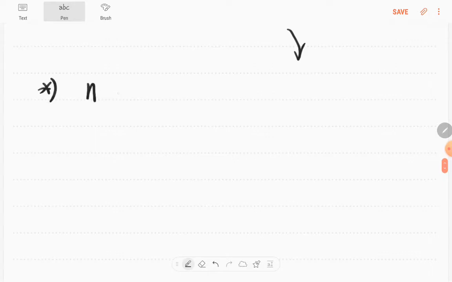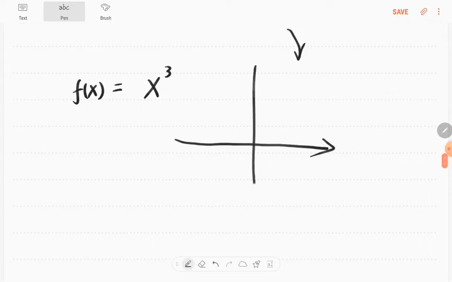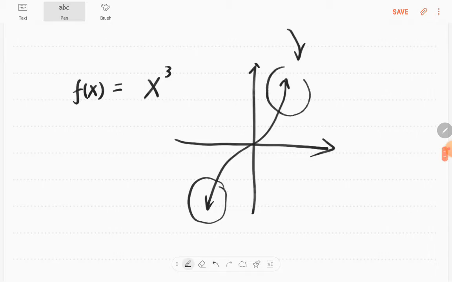If n is an even number, so let's give you an example. You can see that. One example is y equals f of x equals x cubed. This is the cube function. We already know the curve will look like this one. So you see the curve starts below the x-axis and ends above the x-axis.